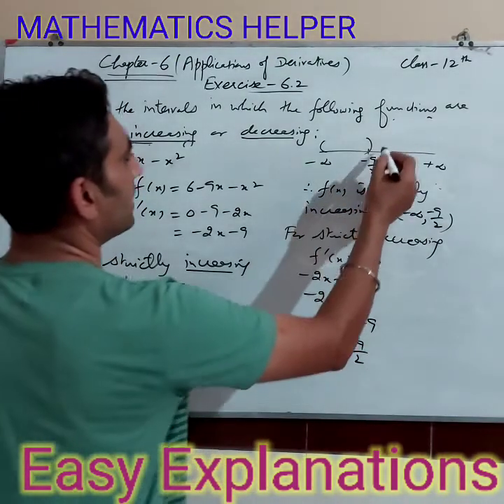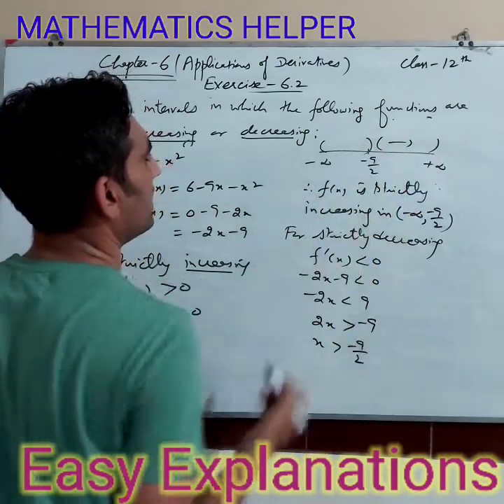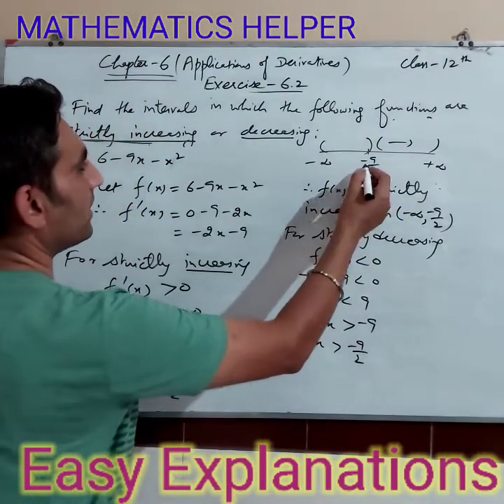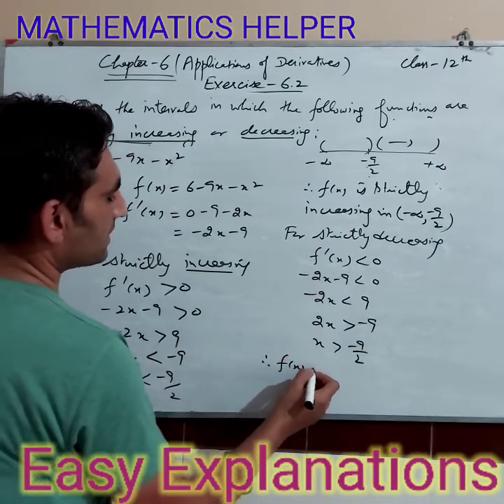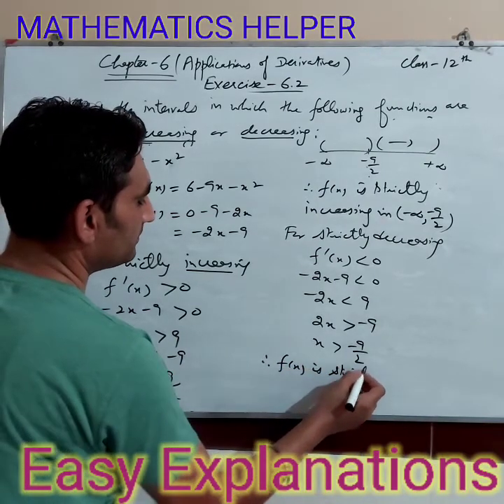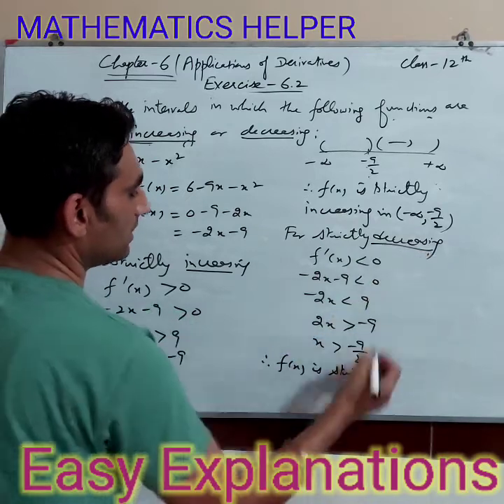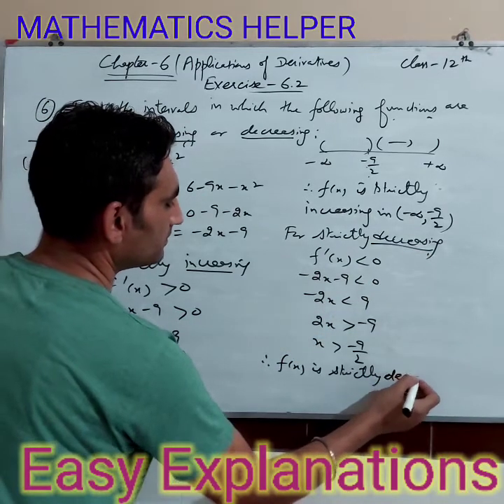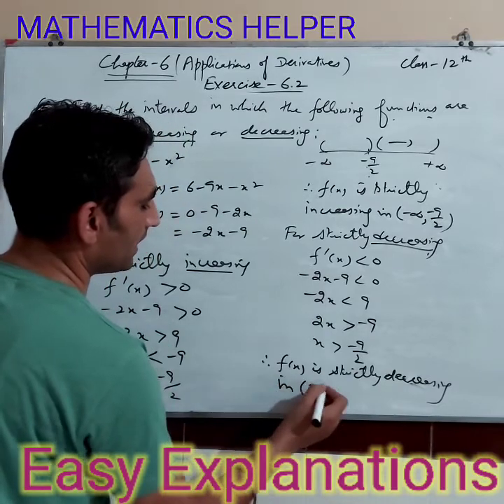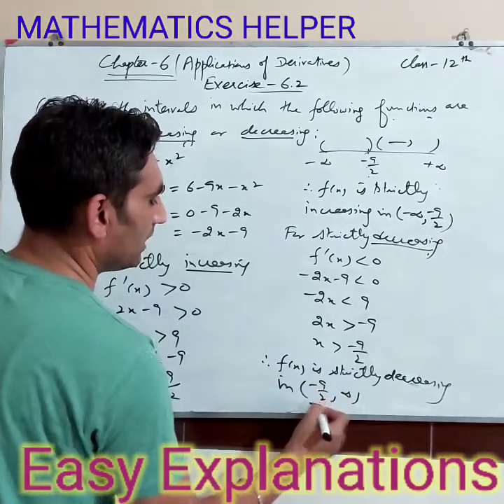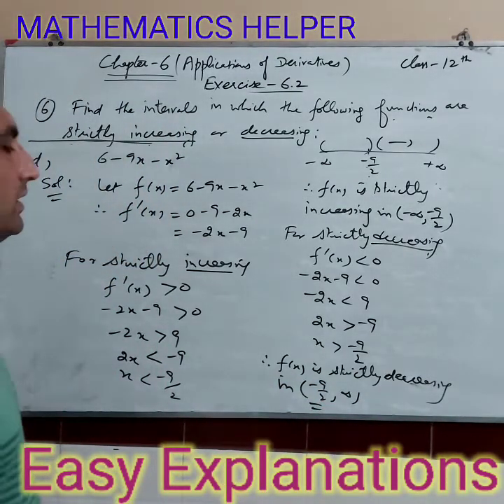What are the values greater than minus 9 over 2? On this side, that is from minus 9 over 2 to infinity. Therefore, f(x) is strictly decreasing in minus 9 over 2 to infinity. So this was part number D.